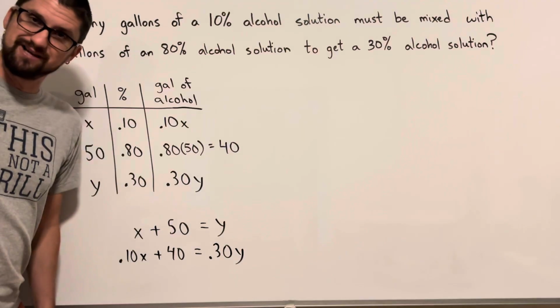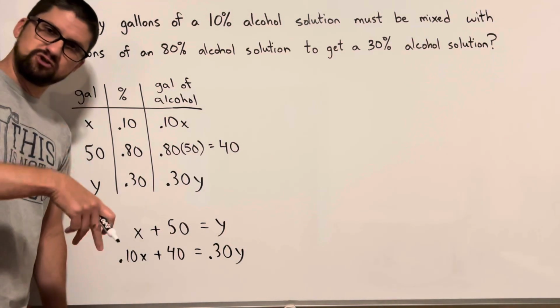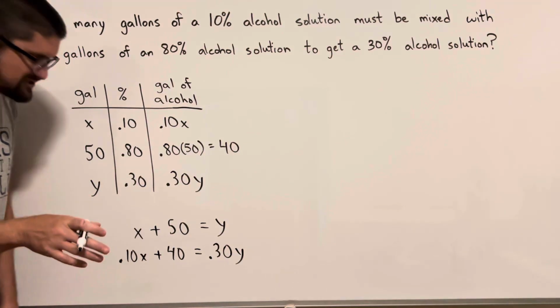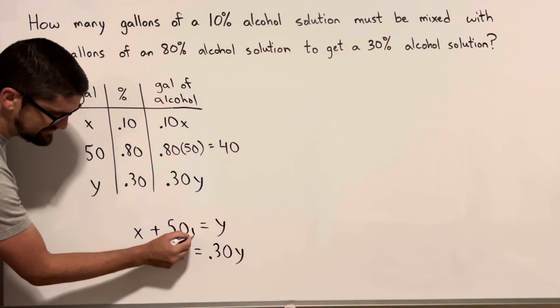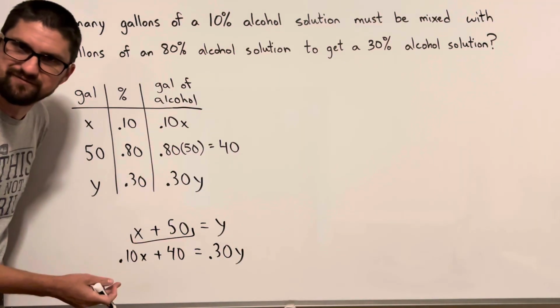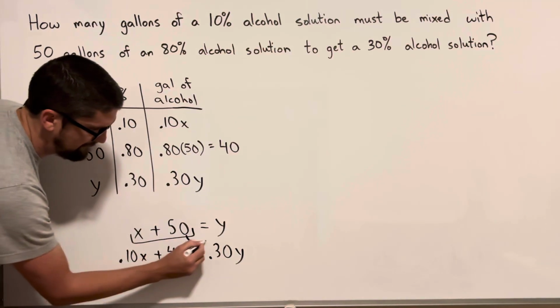And there you go, there's my system. Now you can solve this using either the substitution method or the elimination method. I'm going to use substitution because Y is already solved for. So I'm going to take this expression for Y, X plus 50, and plug it into the Y of the other equation.